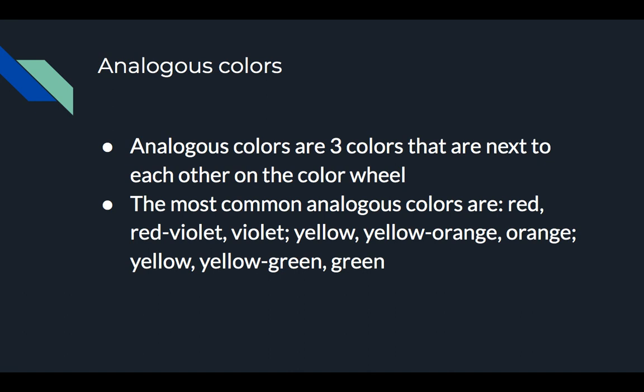Analogous colors are three colors that are next to each other on the color wheel. They sit right next to each other on the color wheel. Examples are red, red-violet, and violet, or yellow, yellow-orange, and orange. What you're going to notice is these are color combinations that you can put together, or colors that are combined to make the color in the middle.